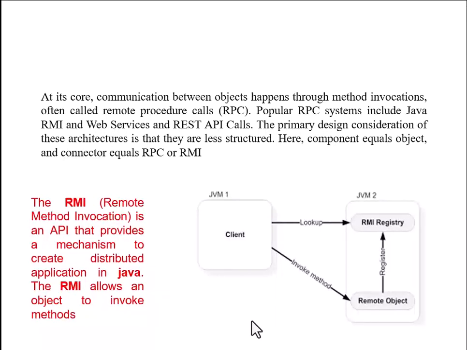So using the Java virtual machine, we can create as many resources as possible. There is a logical partitioning. So the JVM helps to create a distributed environment, and through RMI, one object can call another through method invocation.